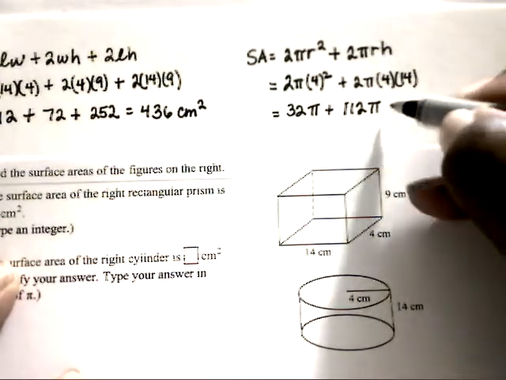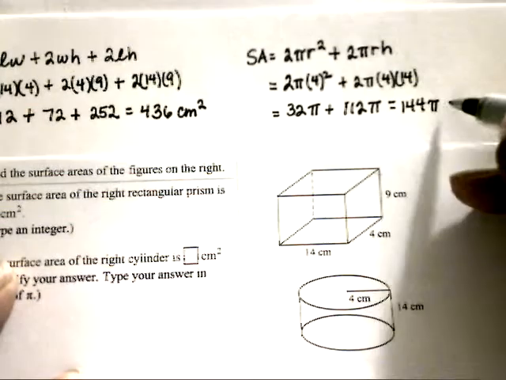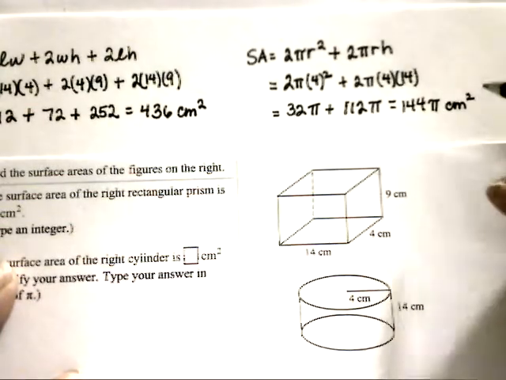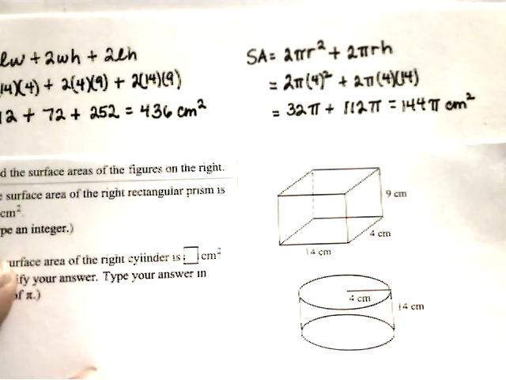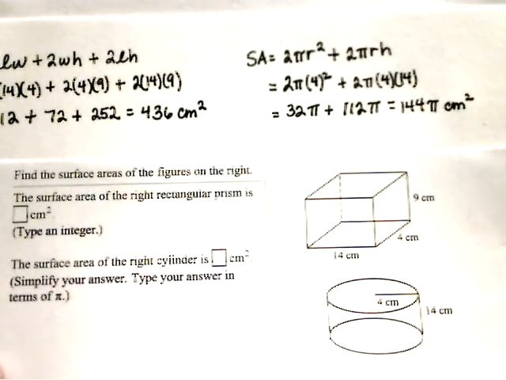Add those two together, you're going to get 144 pi. And this will be in square centimeters because area is always in square units. So the surface area of that right circular cylinder would be 144 pi square centimeters.